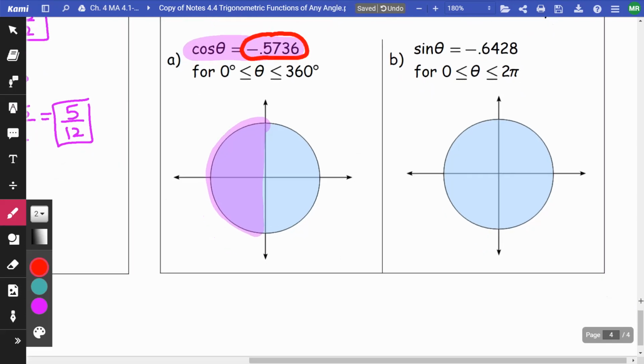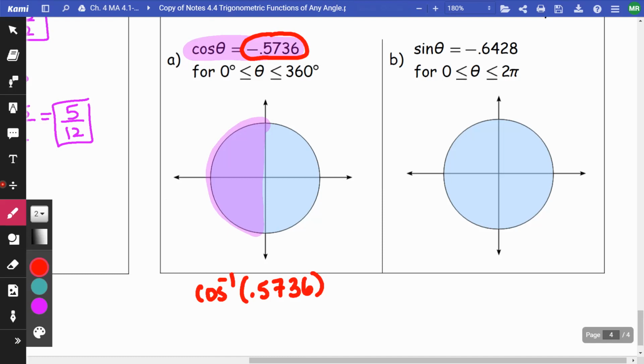So I'm going to do cosine inverse of 0.5736. That's not going to give me the answer I'm looking for. It's going to give it to me in quadrant 1, but I like to find it in quadrant 1 and go from there.